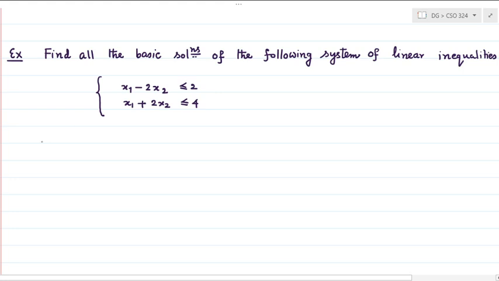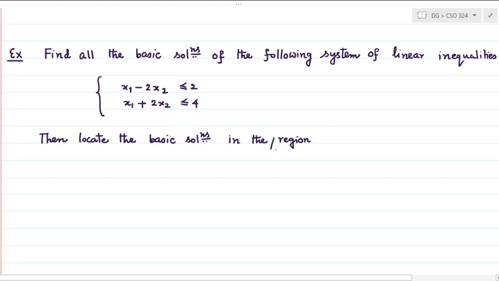Then locate all the basic solutions in the geometric region given by this inequality.